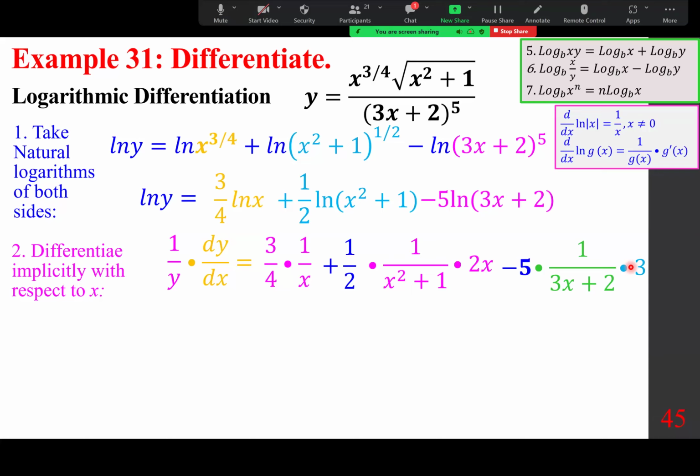Now, the next step is to multiply the right side by y. So basically move 1 over y. But before we do that, this is 3 over 4x. This is x over x squared plus 1.